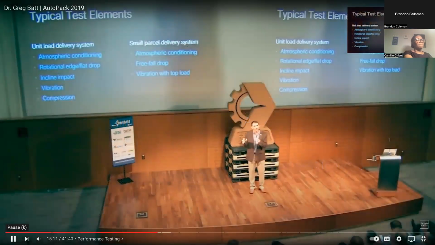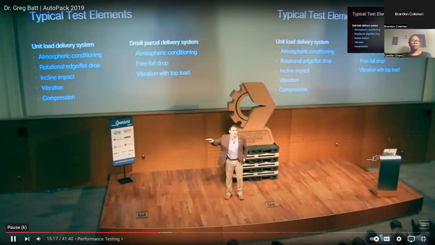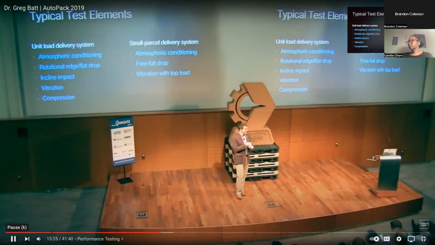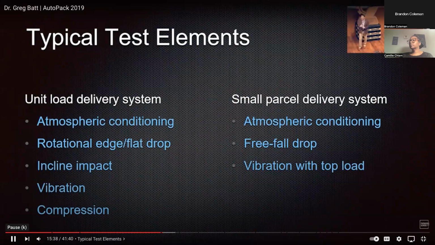Whereas when we move to the small parcel delivery system, our smaller items that we're manually handling that are going through distribution centers and sorting operations and ramps and sorting arms and conveyors and all of these, we still are often concerned at the general simulation level with atmospheric conditioning. Instead of rotational flat drops and edge drops, we would see free fall drops, okay?